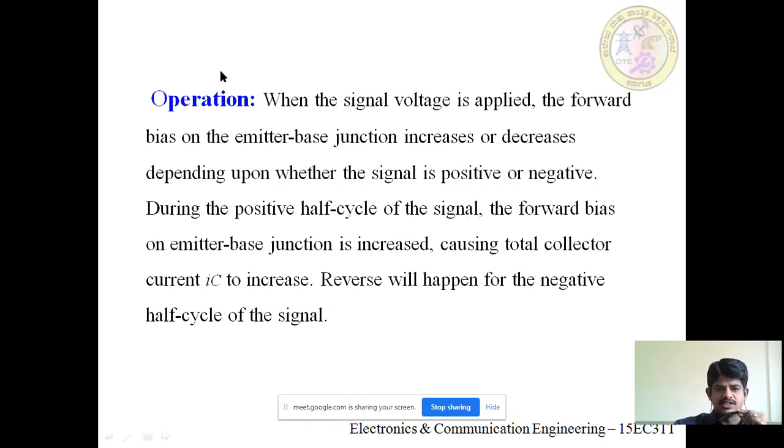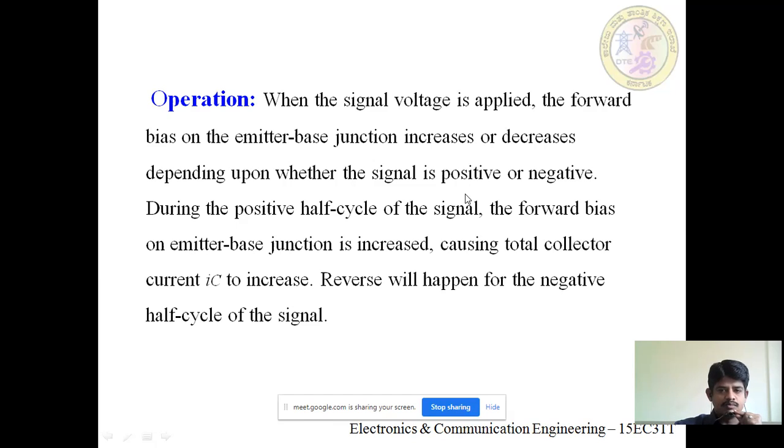Let's read the operation of this. When the signal voltage is applied, the forward bias on the emitter base junction increases, because it is already forward biased because of the DC signal. It may increase or decrease depending upon the polarity of the input signal.